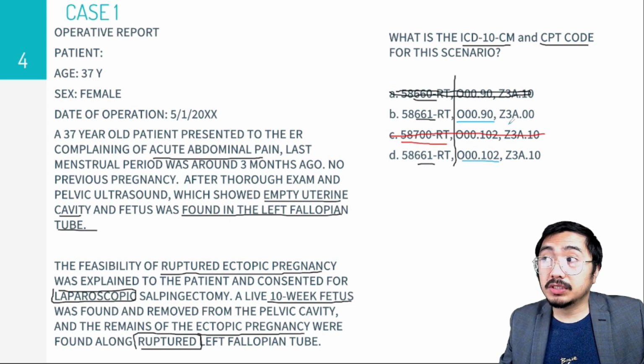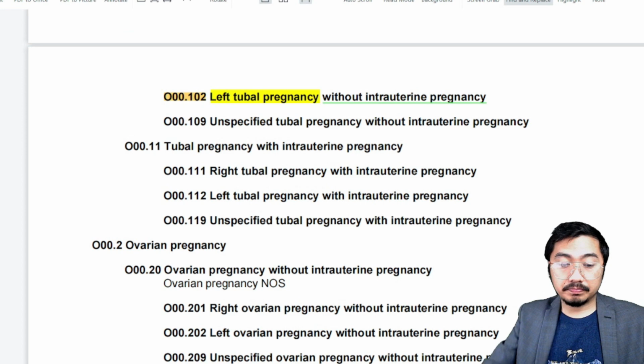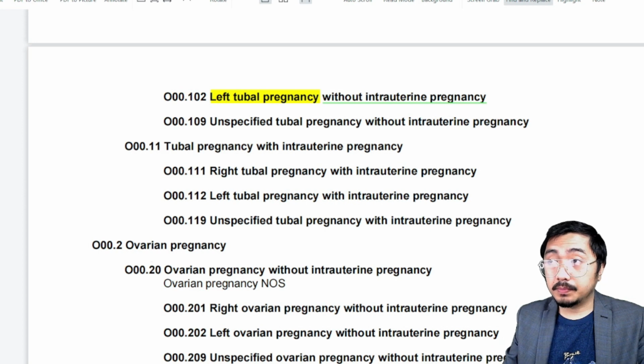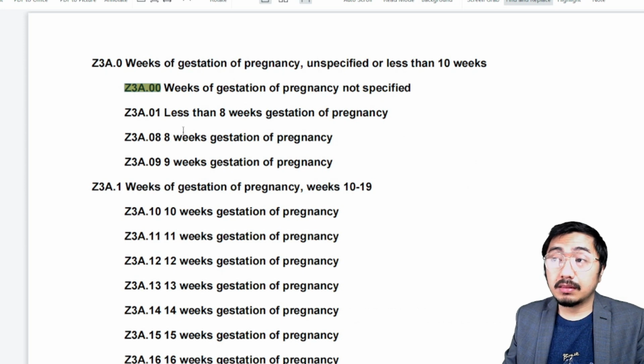So also, if you will check the last code here, if you will go to Z3A.00, you can answer letter D for now, but again, if you want to check all the choices and all the codes, just to make sure you are sure with your answer, or to give you more confidence in choosing that letter D, you can also check the last code here.